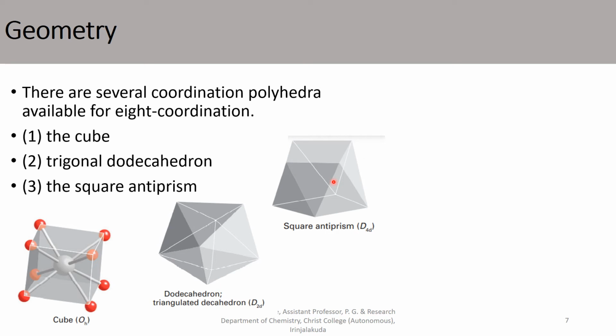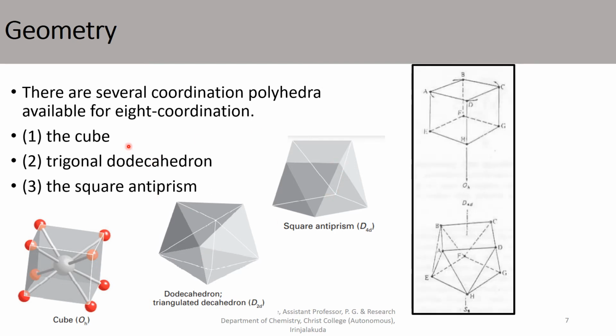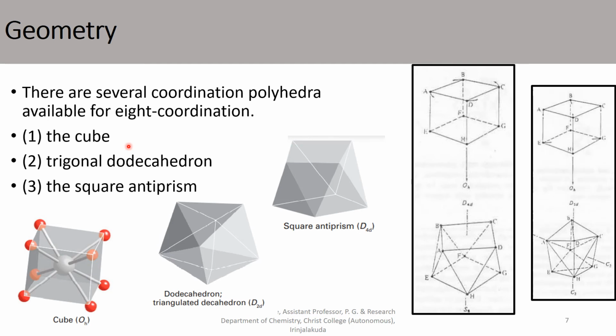Both the trigonal dodecahedron and the square antiprism may be considered to be distortions of the simple cube, resulting in reduced ligand-ligand repulsions.